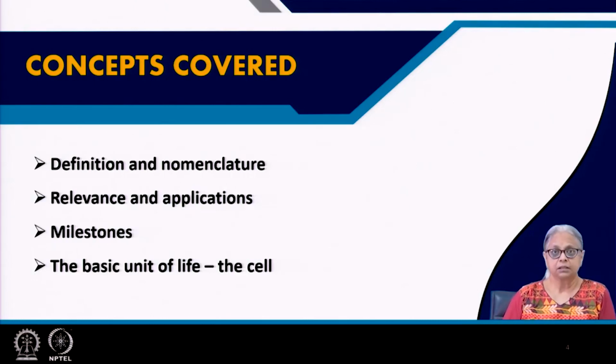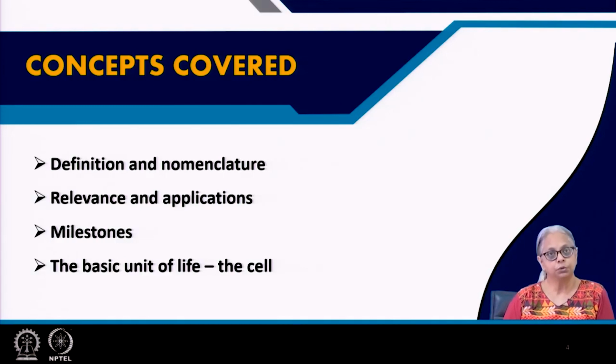So for today's lecture, we are going to go through some basic fundamentals which you may have studied in your high school or even your bachelor's degree programs. But just to make sure that we are all on the same page, let's go through the definition of microbiology and the nomenclature that is used in naming the species.